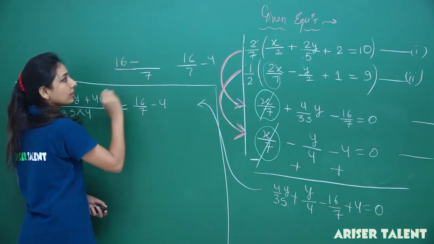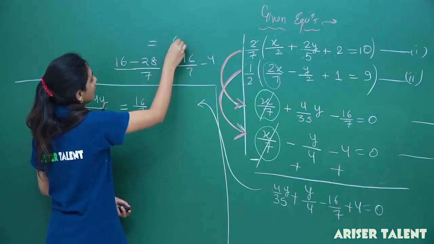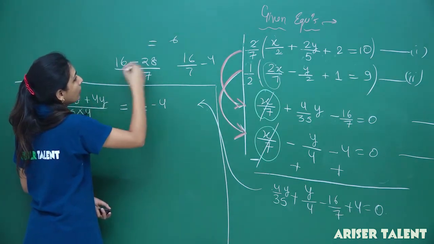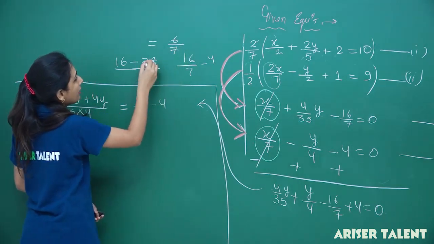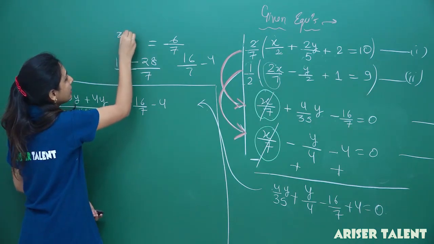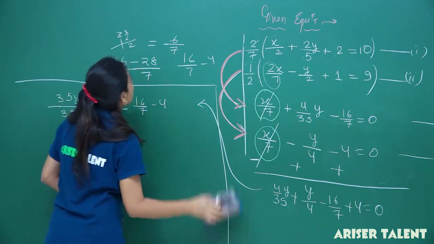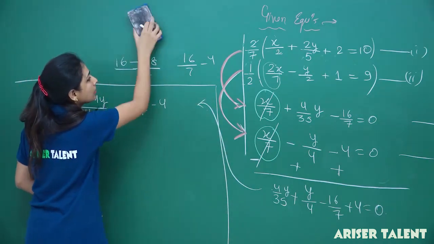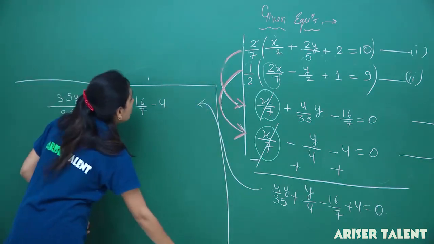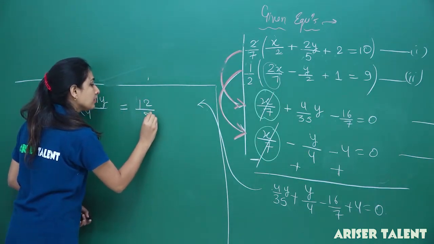Here 16, here 28. So that will be 6, okay, by 7, that is 28 and 16. So that will be 2 and 1, 12, right? So 12 by 7. So can I write this? 12 by 7 here, 12 by 7.